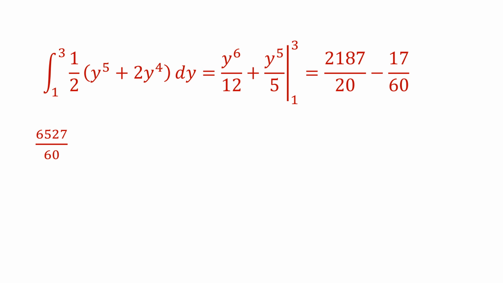And so what I'll end up with is 2,187 over 20 minus 17 over 60, or 6,527 over 60. And that will unfortunately not reduce, but we're not worried about fractions in this. At this level, we want answers.